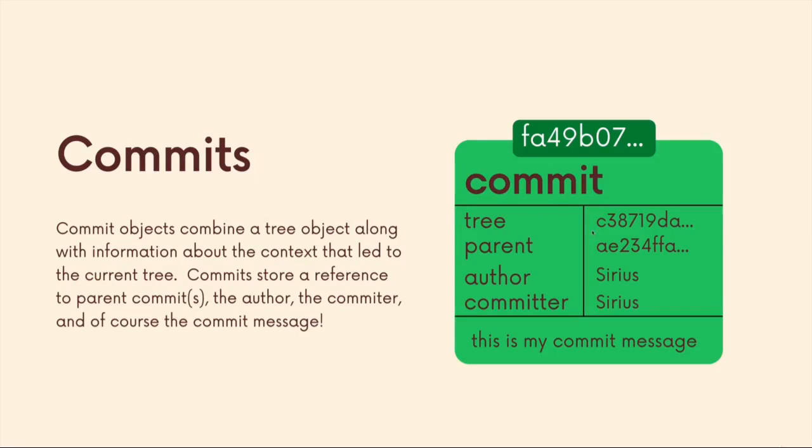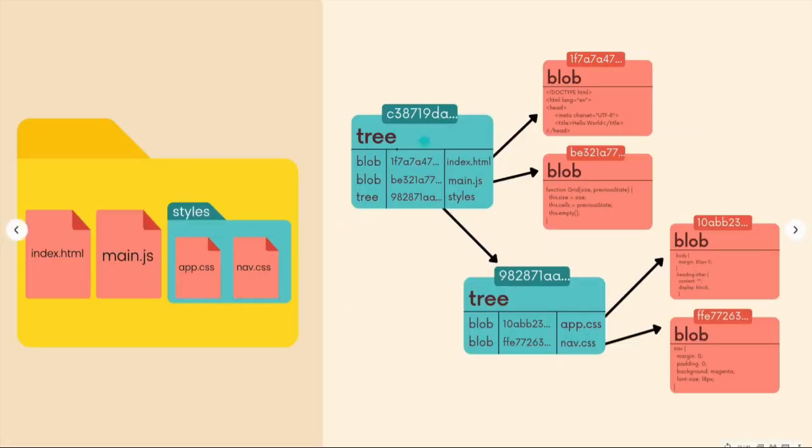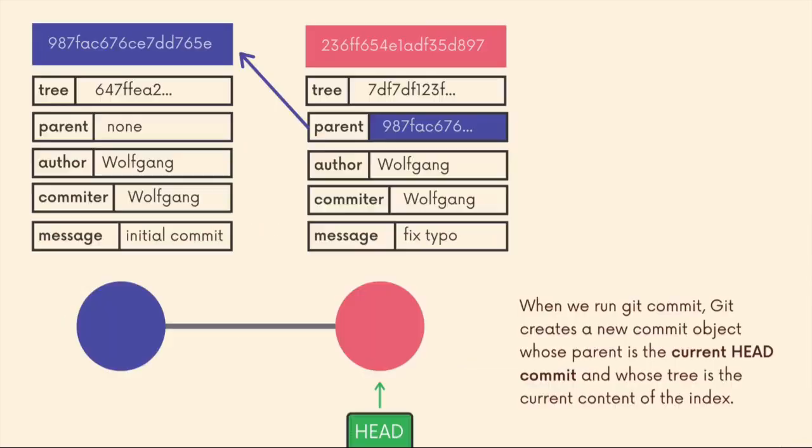Anyway, commits have a reference to the parent commit, but also they have a reference to a tree object. So this tree object is just like the tree objects that we've seen, where a tree can reference other trees and also blobs. So you can visualize it this way instead. Every commit has a hash, right? All the contents are hashed. To generate this, there is the parent at the beginning of this repo. There's no history, so the parent just doesn't exist on this one commit.